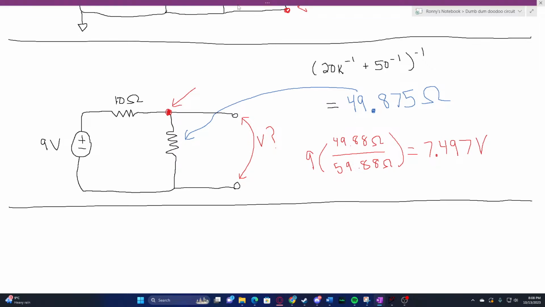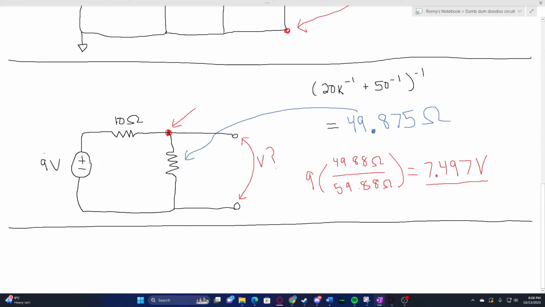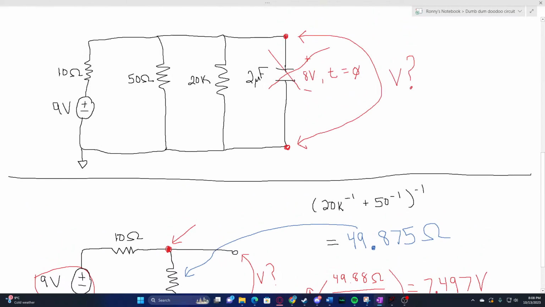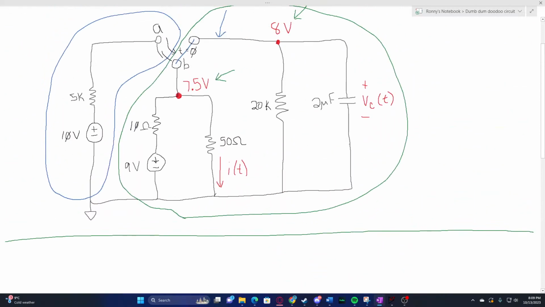Alright, so next part is, that's what I'm saying is the Thevenin voltage, but is that right though? Now I did that in terms of this being a voltage source. Maybe they treated this capacitor like a voltage source as well.